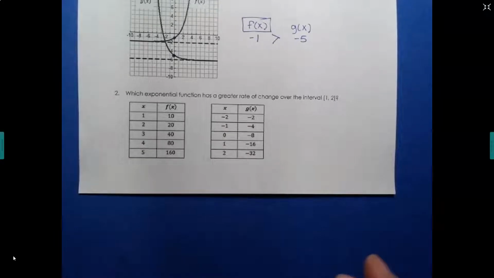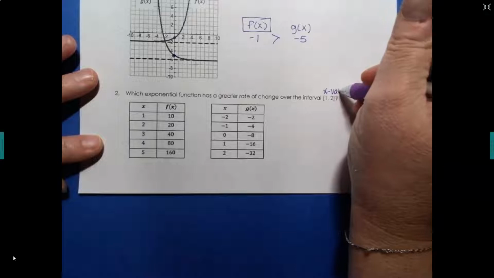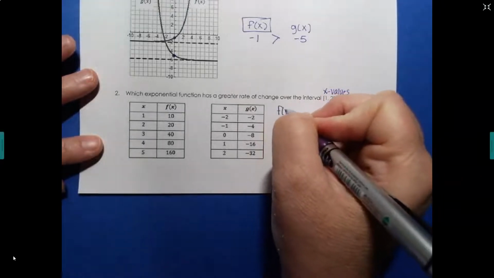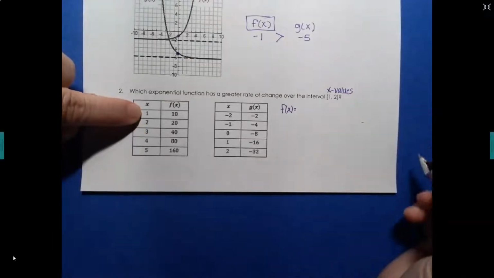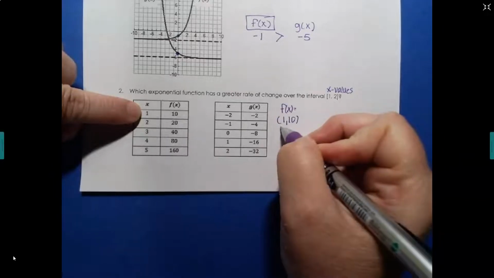So for number 2, I want to know which exponential function has a greater rate of change over a particular interval. Remember, these intervals are x values, and you're looking for the corresponding y values. So for my f of x function, if x is 1, my y value is 10, so I have a point of 1, 10.